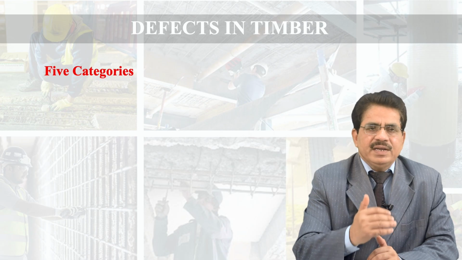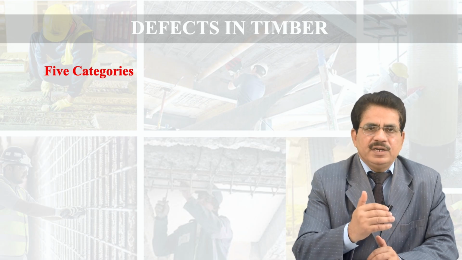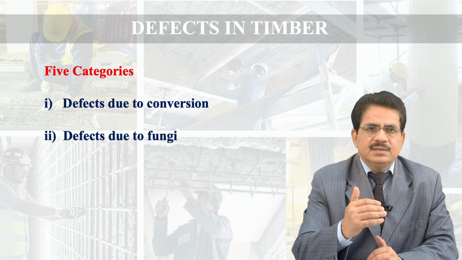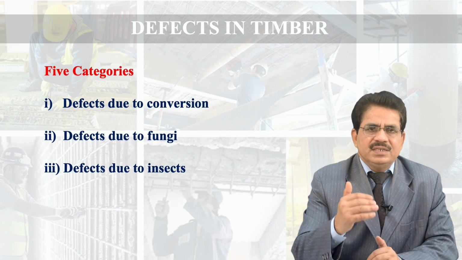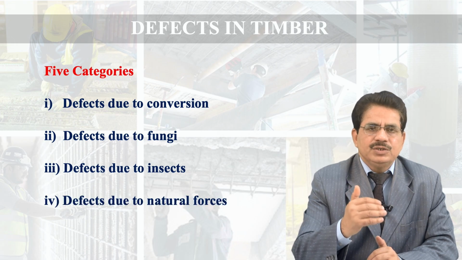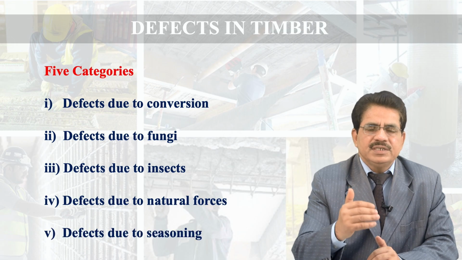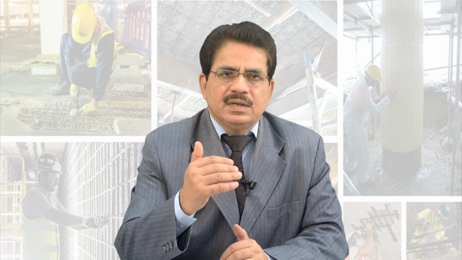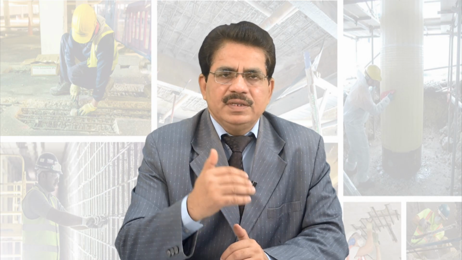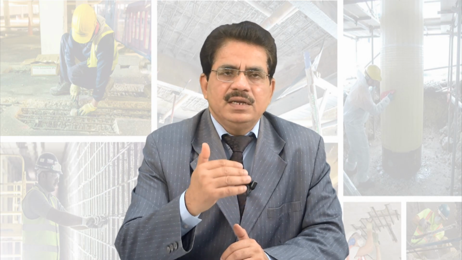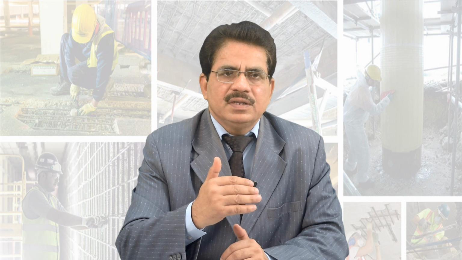There are 5 categories of defect in timber: defect due to conversion, defect due to fungi, defect due to insects, defects due to natural forces, and defects due to seasoning. Out of these 5 categories, in the last 2 lectures, I discussed with you the first 4.